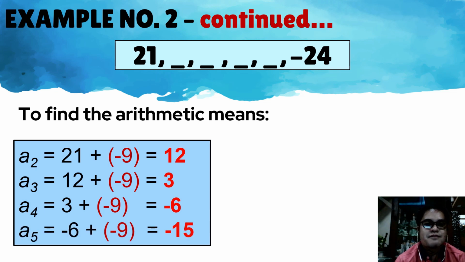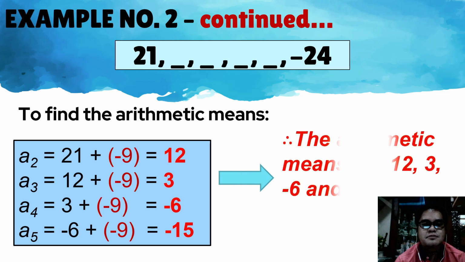And to get the value of a sub 5, take negative 6, which is the value of our a sub 4, plus negative 9 as the value of our common difference, equals negative 15. Therefore, the arithmetic means are 12, 3, negative 6, and negative 15.